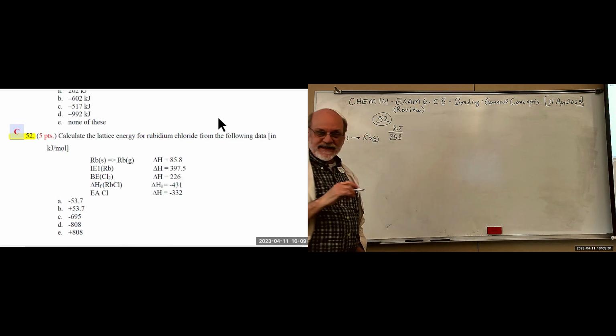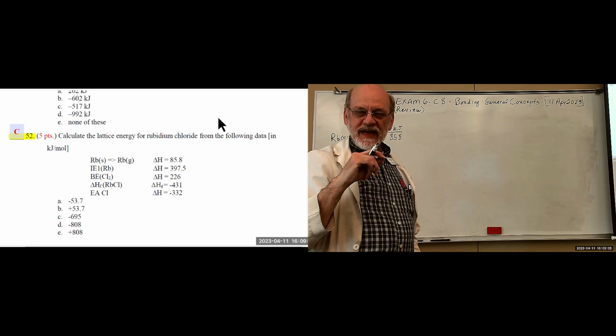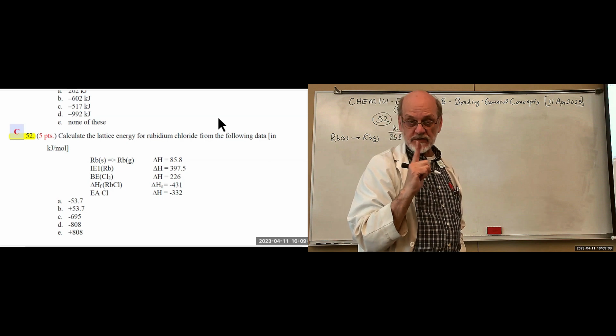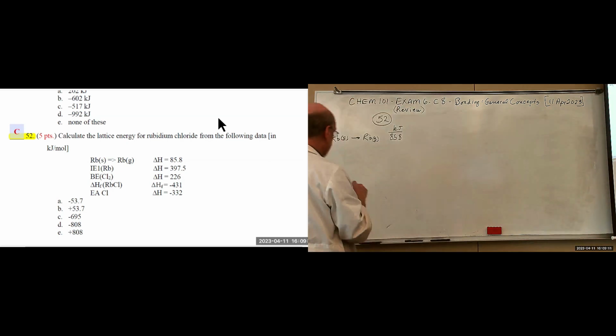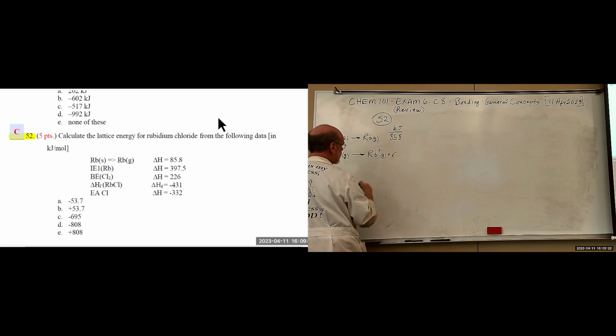Okay. The next one, IE1, that's ionization energy, first ionization energy for rubidium. So how do we write that one? We have rubidium gas, which yields rubidium 1+ gas plus an electron.